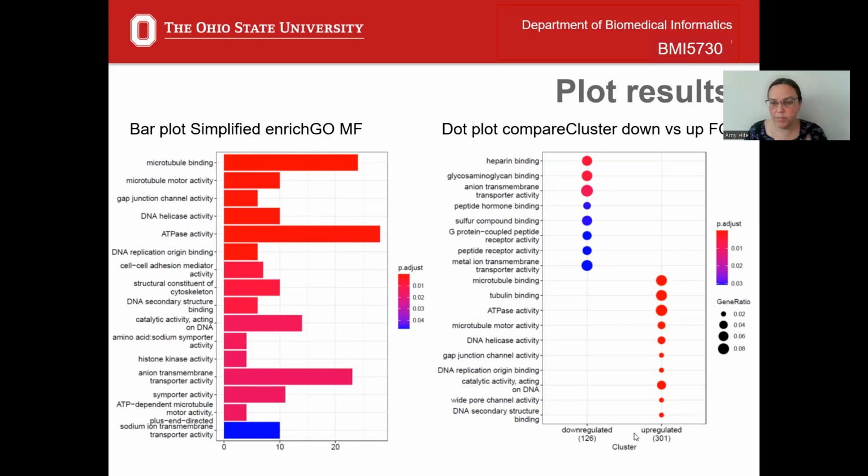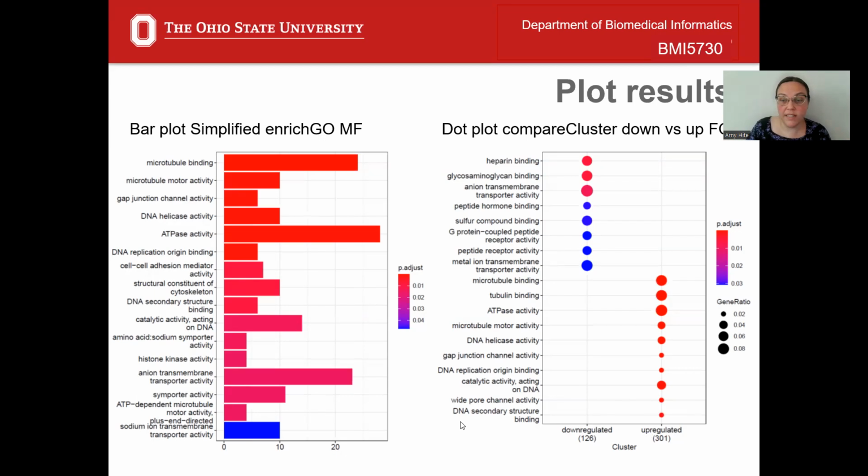This is that compareCluster example that I was showing where we ask, the genes with a negative fold change are downregulated, and the genes with a positive fold change are upregulated? And what GO terms are enriched in these two groups of genes?